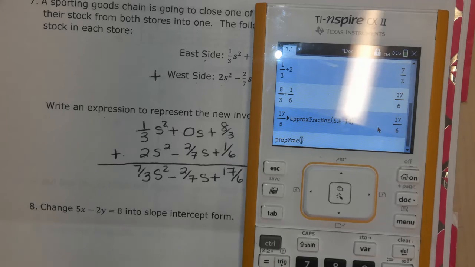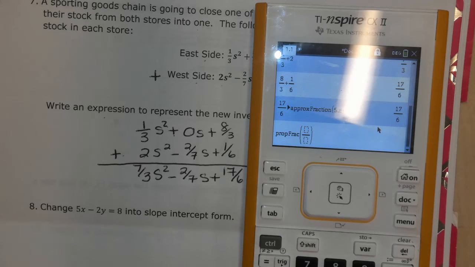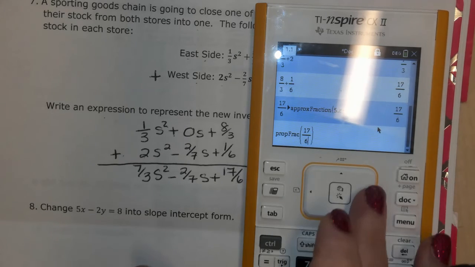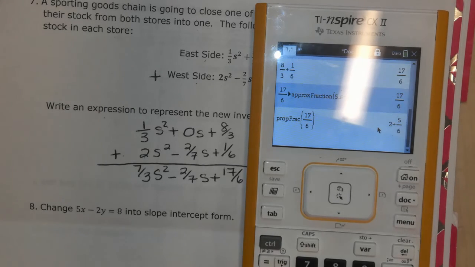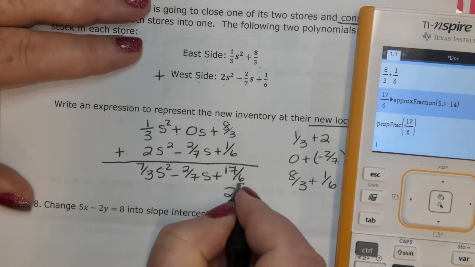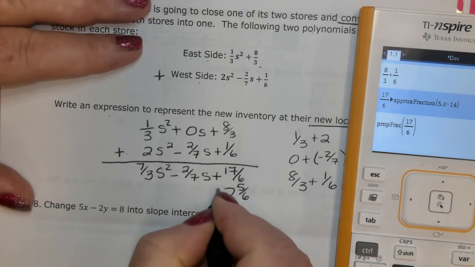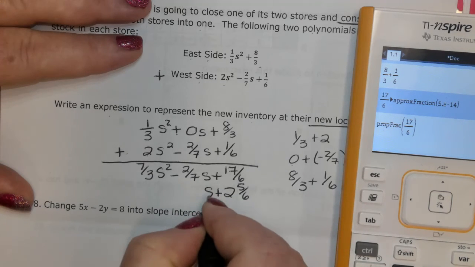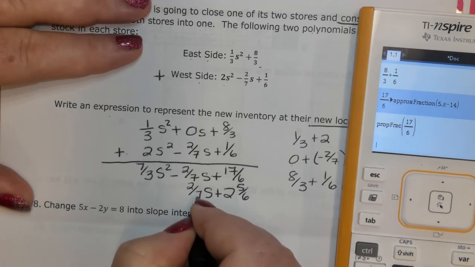So control, divide. Let's put our 17/6 in there. There you go. 2 plus 5/6. That is another way of saying 2 and 5/6. 2/7. It's already a proper fraction.